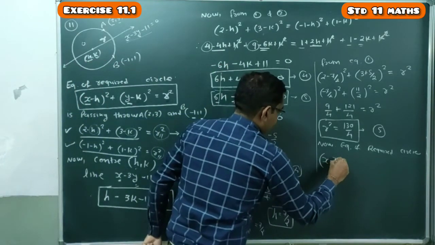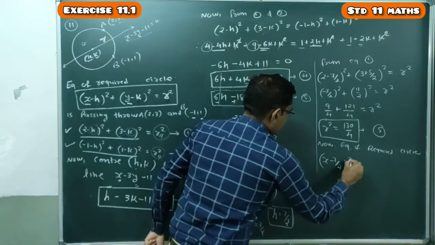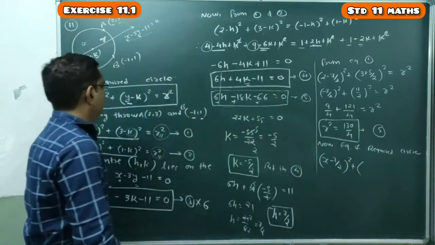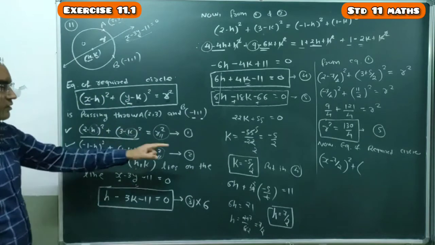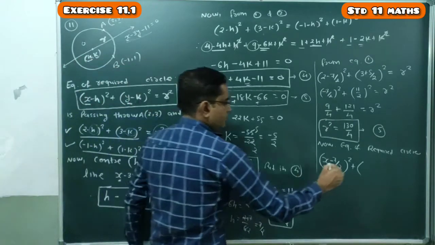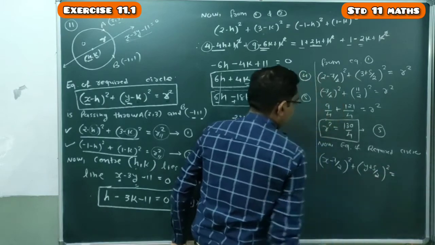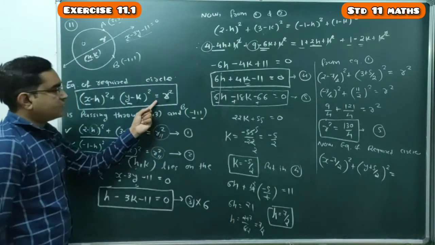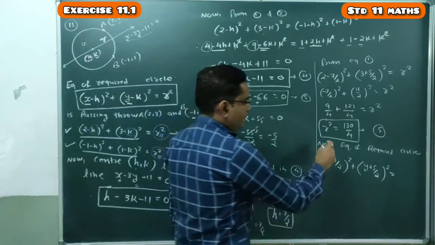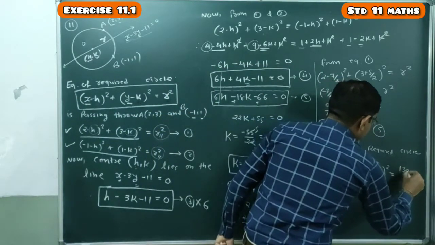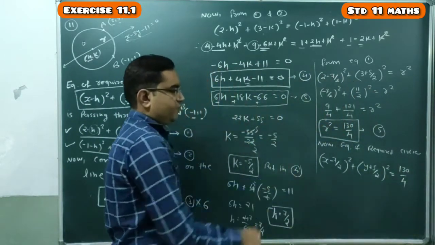It's x minus 7 by 2 whole square plus y minus k, so it's y plus 5 by 2 whole square equal to r square. R square is 130 by 4. This is the equation of the circle.